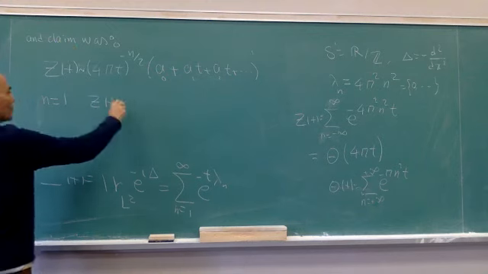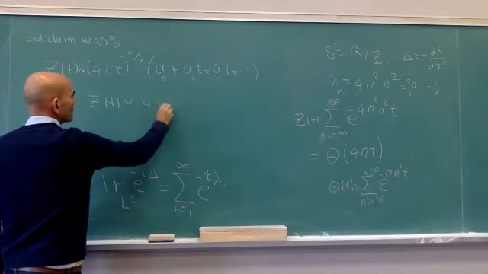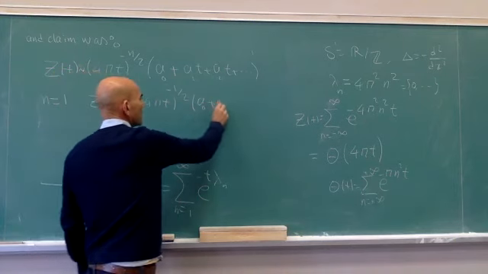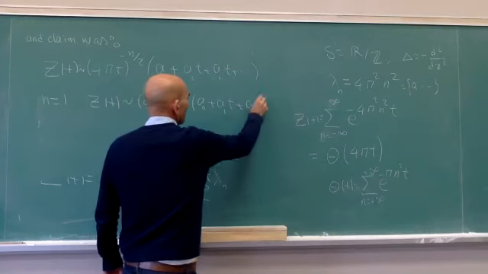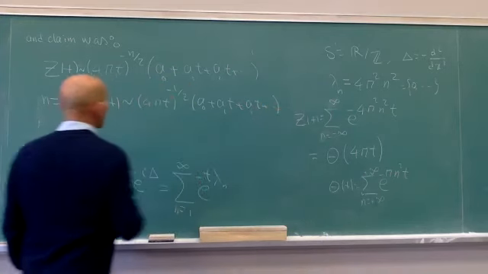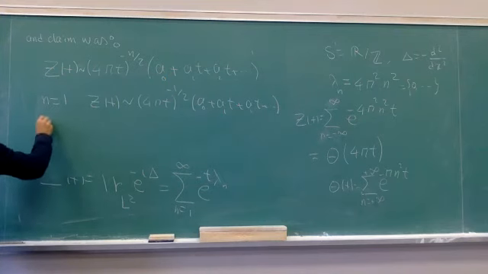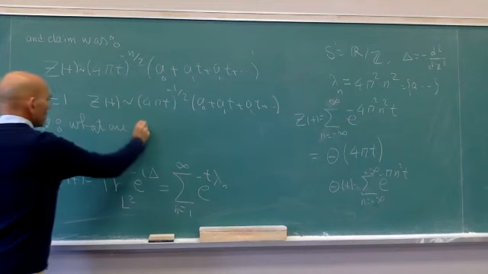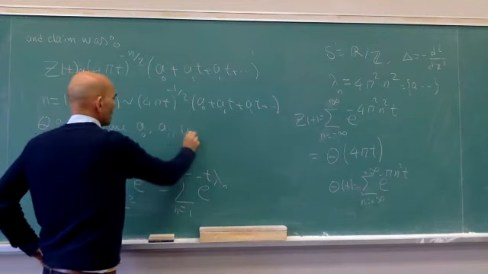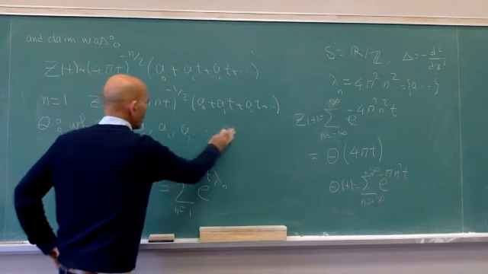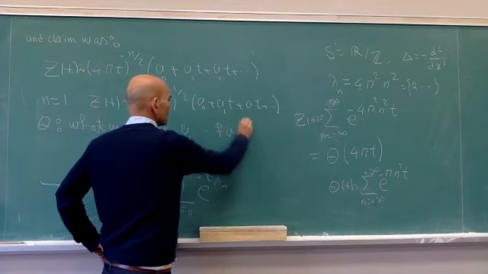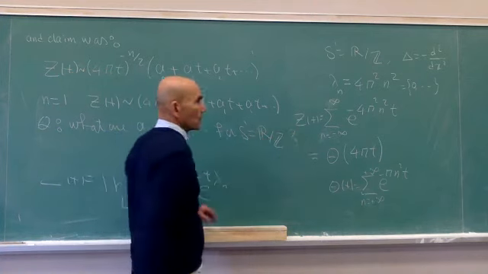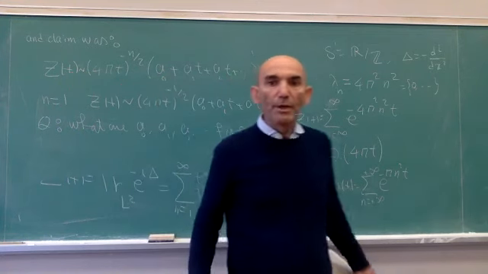This is an asymptotic equivalence: 4 pi t to the minus half, a0 plus a1 t. So the question now is, what are a0, a1 for S1?